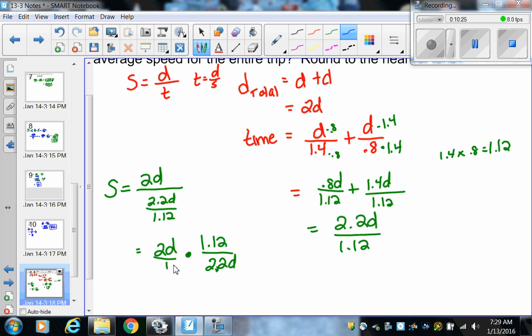So if you notice, you have a d up top and a d on the bottom, so they're going to cancel. So all I really need to do in my calculator is 2 times 1.12, take that answer and divide by 2.2 to get 1.02 miles per hour.